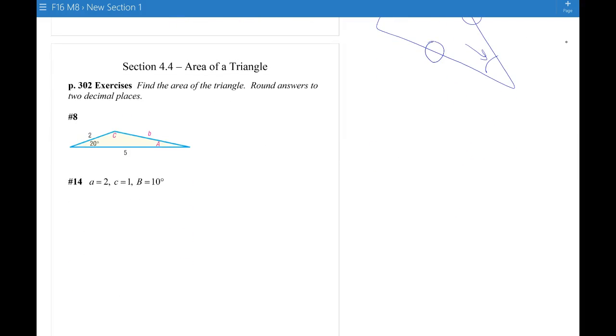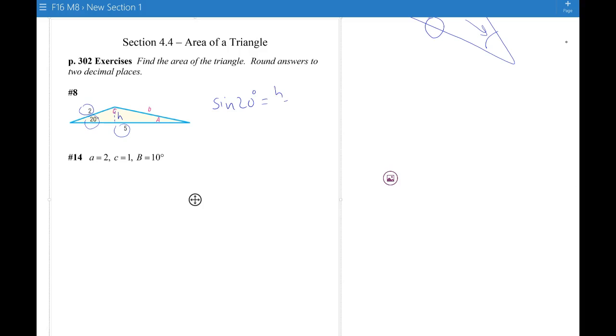So this triangle, we can see that we know this side length and this side length and the angle between them. So if you think about that, this is H. You can see that the sine of 20 degrees is going to be H over 2, looking at the smaller inside triangle. So H equals 2 times the sine of 20 degrees.